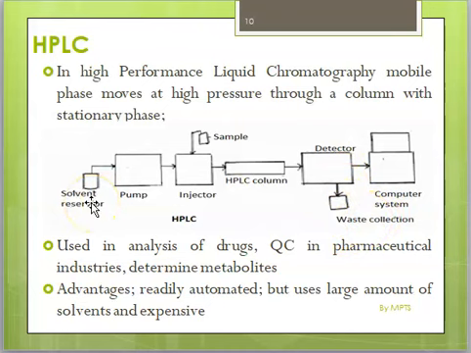It is used in analysis of drugs and in quality control laboratories, and for determining metabolites. However, although it is readily automated, it is complex and uses a large amount of solvent, meaning that it generates too much waste and is expensive.